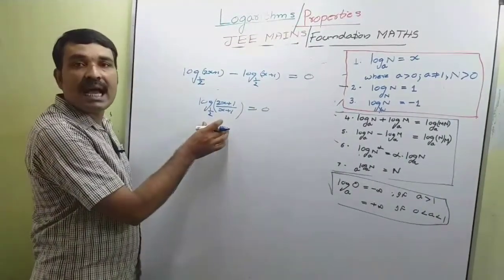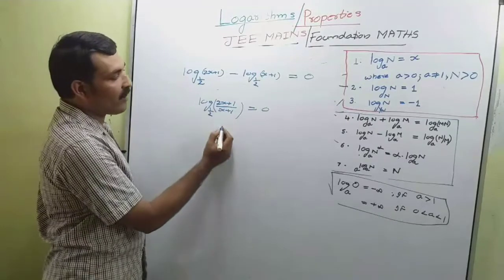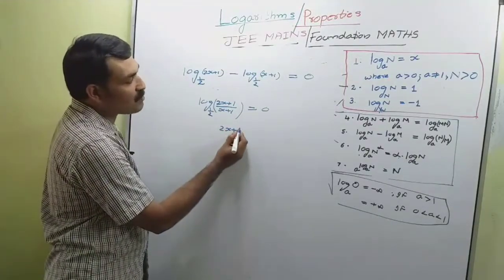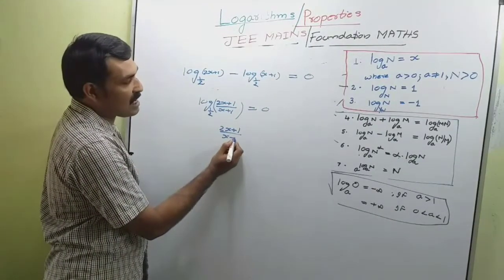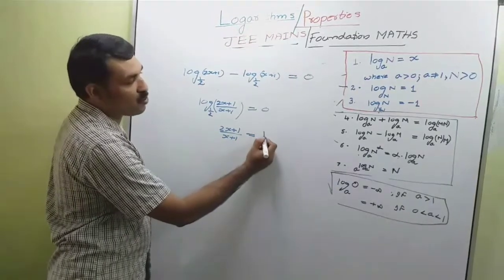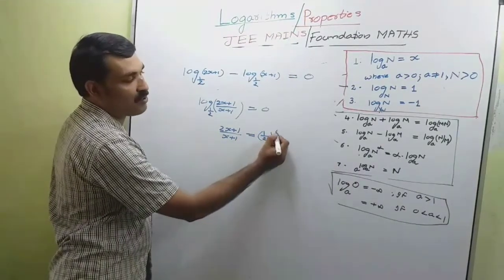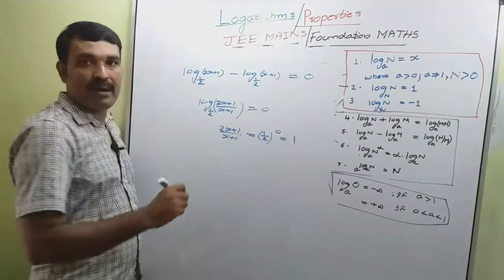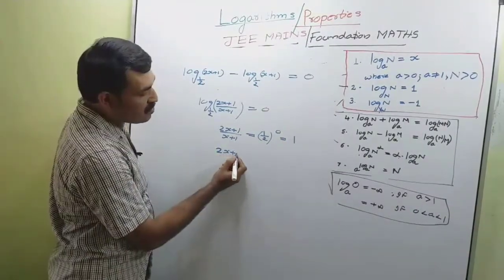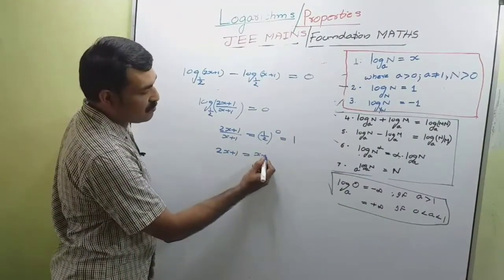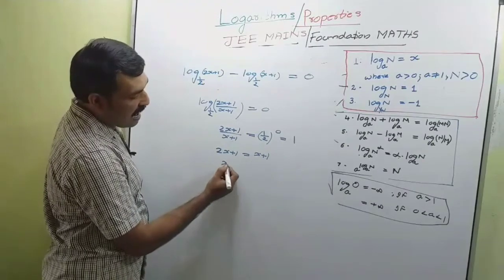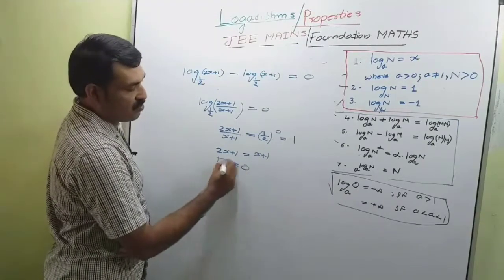Then by using exponential form, we can write this as 2x plus 1 divided by x plus 1 is equal to 1 by 2 raised to 0, which is equal to 1. Or 2x plus 1 is equal to x plus 1, or x is equal to 0.